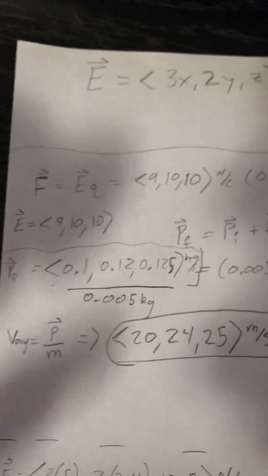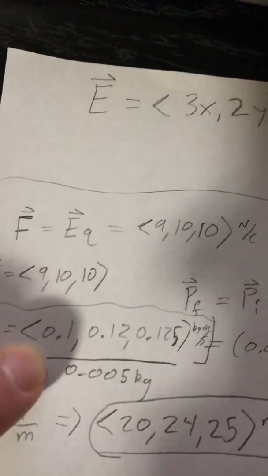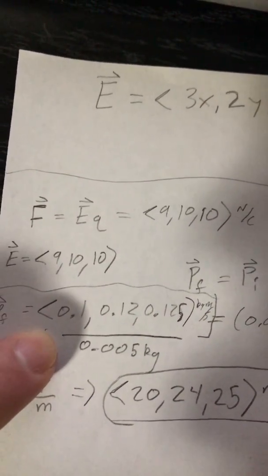So then we do that, and that will give us our final momentum after 0.1 seconds of the particle.